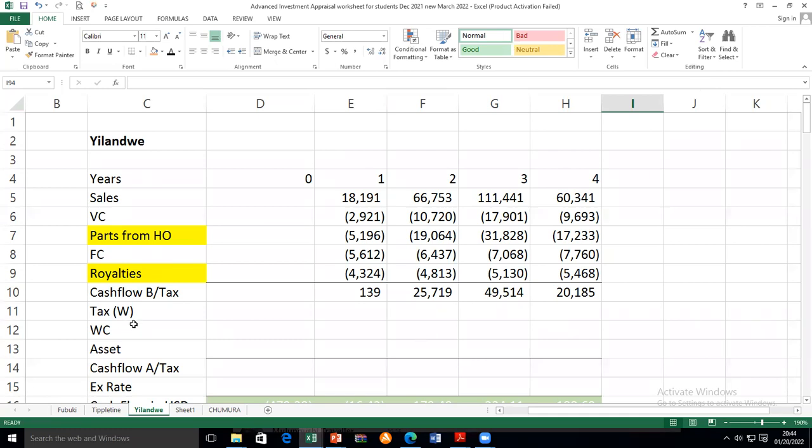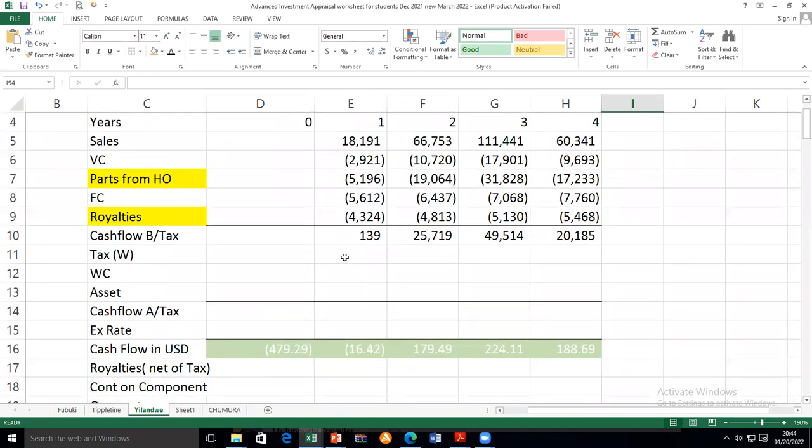We said we wanted to discuss the issue of taxation. We noted that these cash flows before tax are supposed to be taxed. But there were some two reliefs.